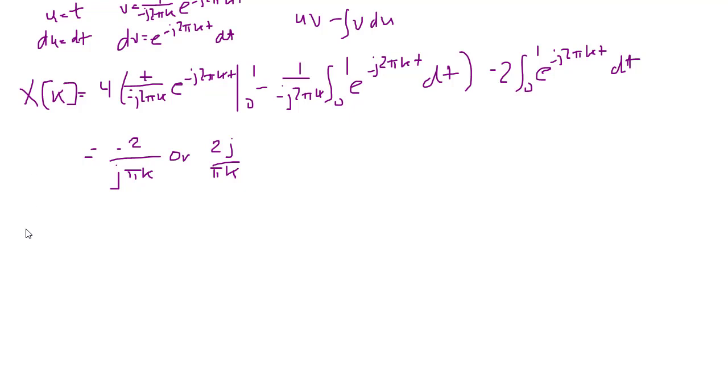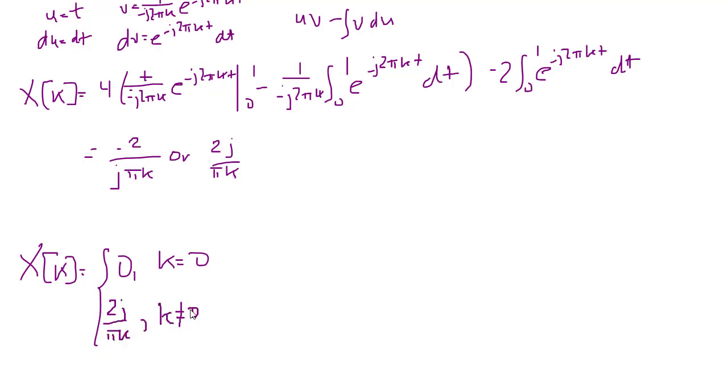So in summary, X of k is equal to 0 when k is equal to 0, and it's equal to 2j over pi k when k is not equal to 0.